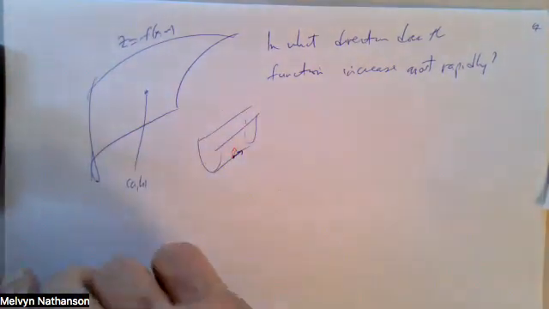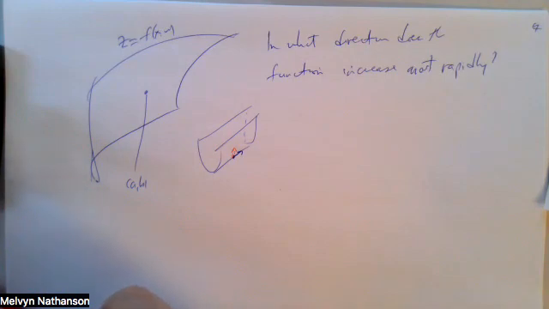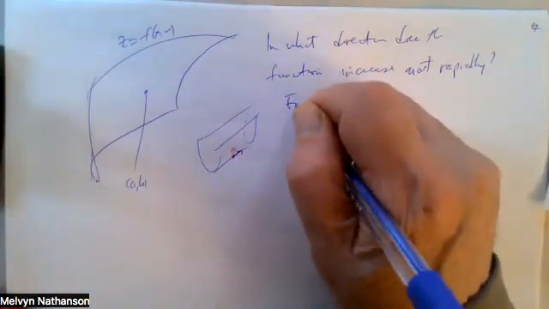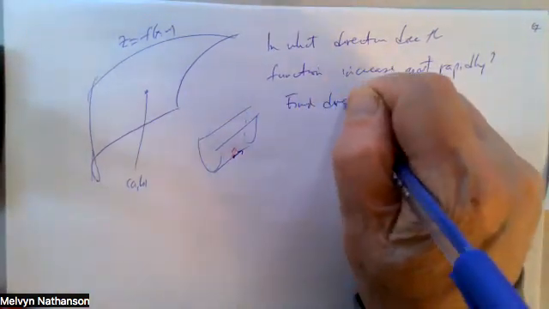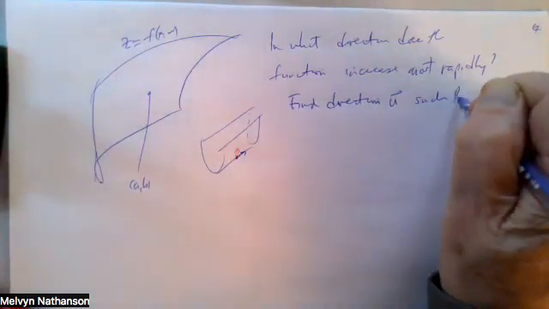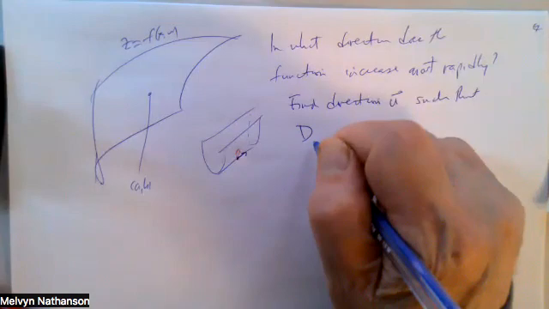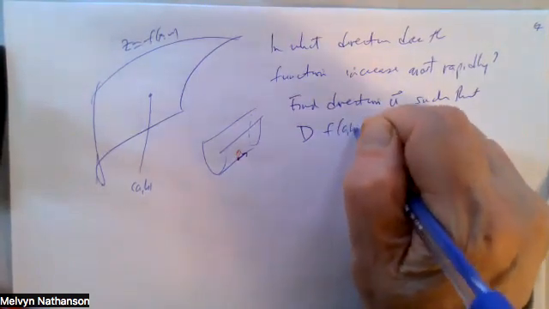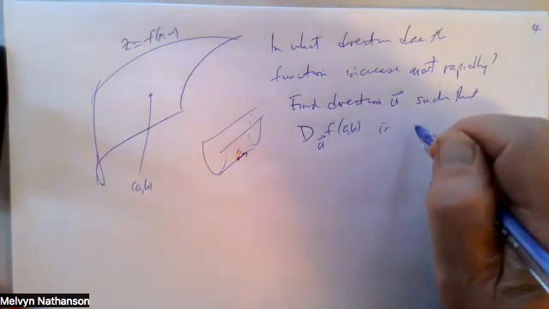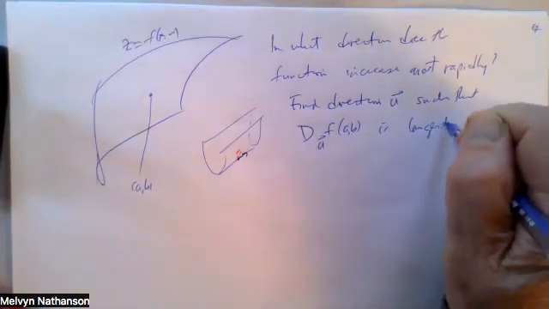There are different directions in which the function increases rapidly and other directions in which it increases slowly. So the problem is to find the direction u such that the directional derivative of the function f at the point a, b in the direction u is the maximum, is largest.